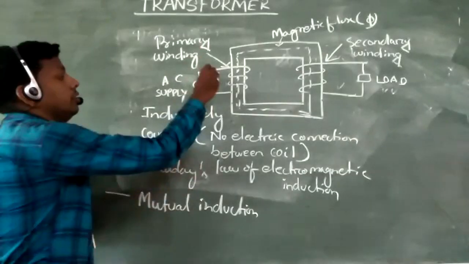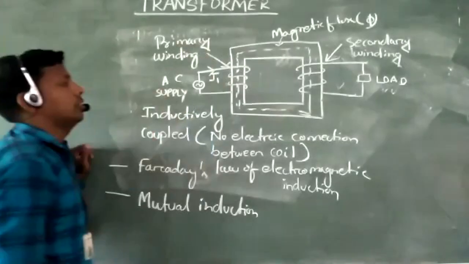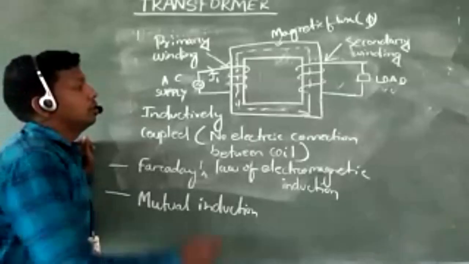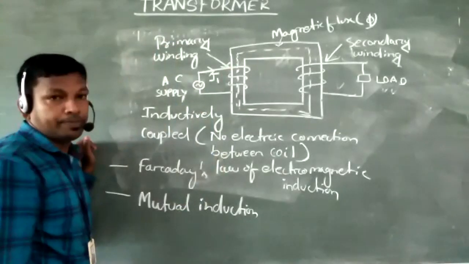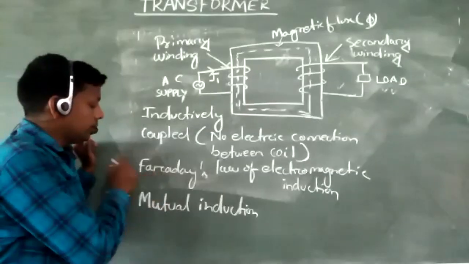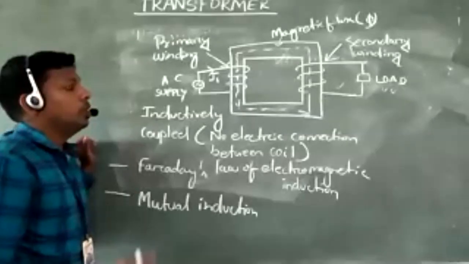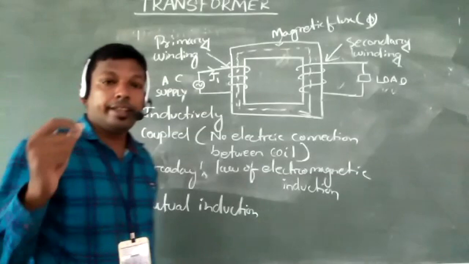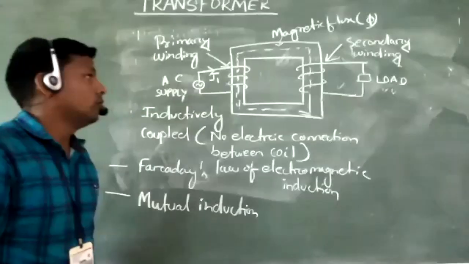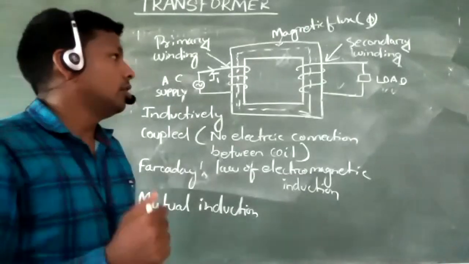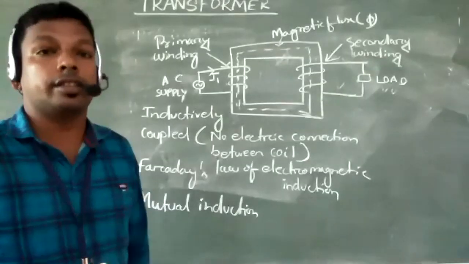Here in your primary winding, the I1 current is flowing. Ultimately, magnetic flux is set up. But Faraday's law of electromagnetic induction says when the flux linking to a circuit is changed with respect to time, there is an EMF set up inside the circuit.